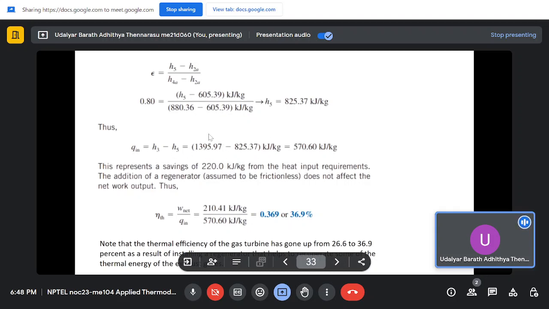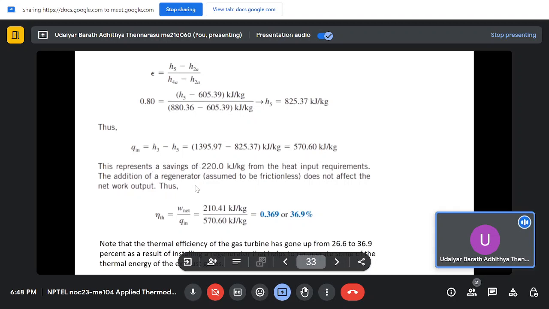And we know the enthalpy at state 3 is 1395.97. So now the total heat added is 570.60. So there is a saving of 220 kilojoule per kg of heat, which was previously given, now it's avoided because of the regenerator.